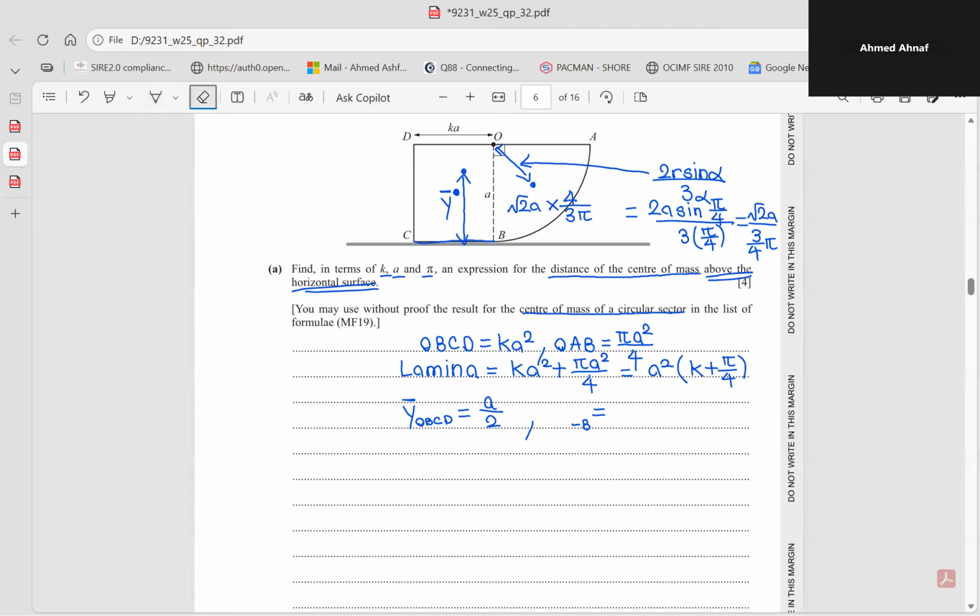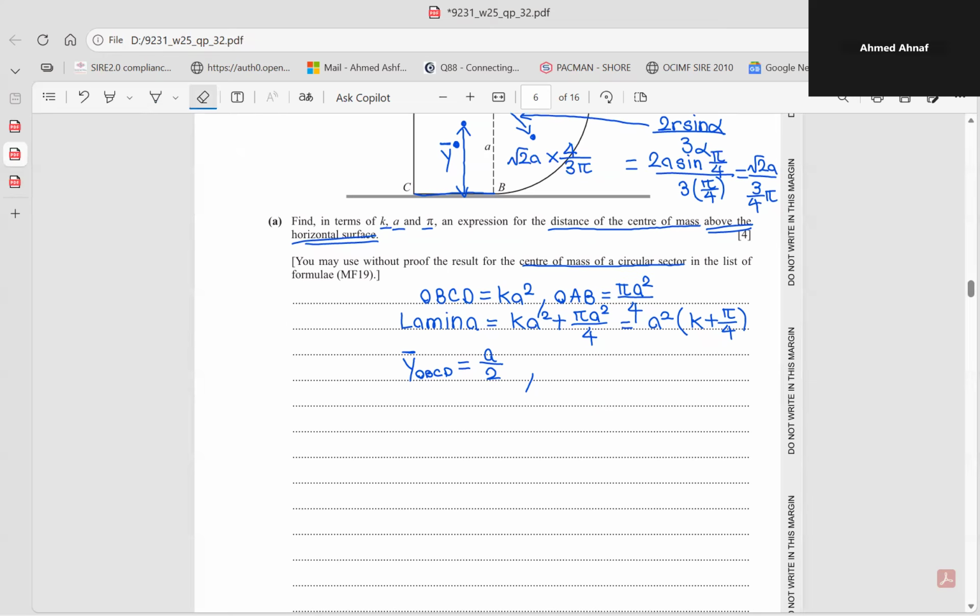First of all, the distance of the center of mass of OAB from the center is 2a sine pi over 4 divided by 3 pi over 4.